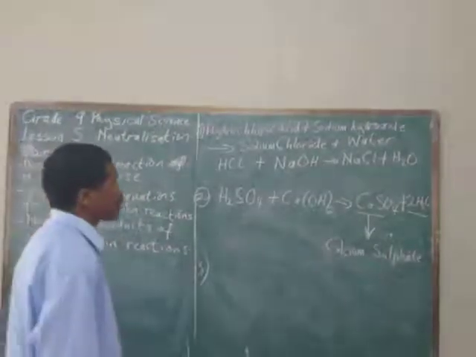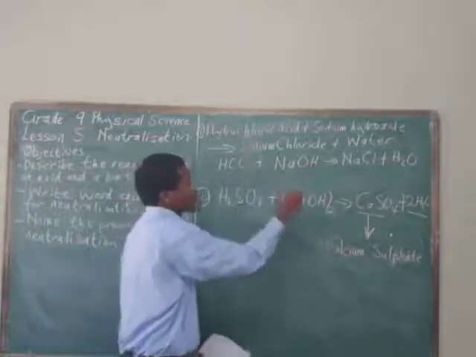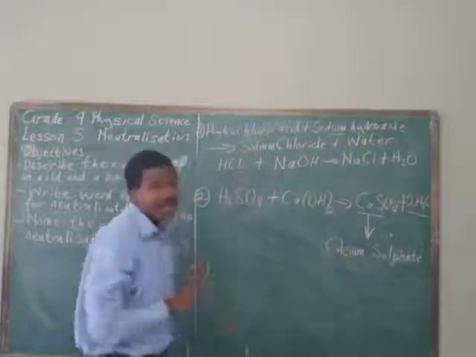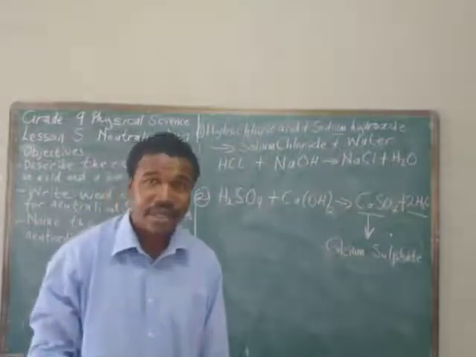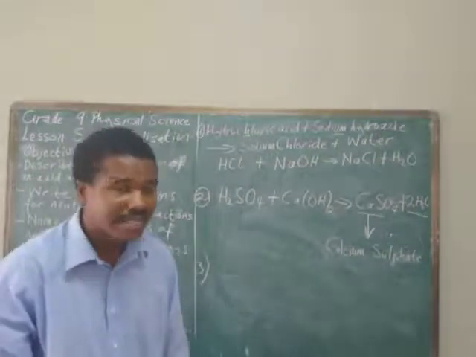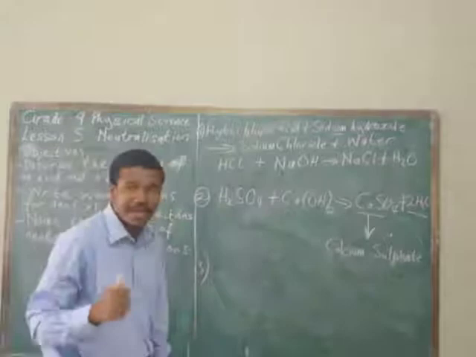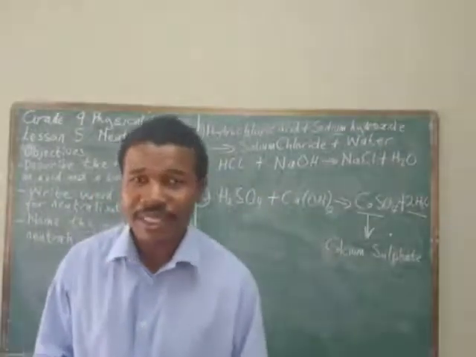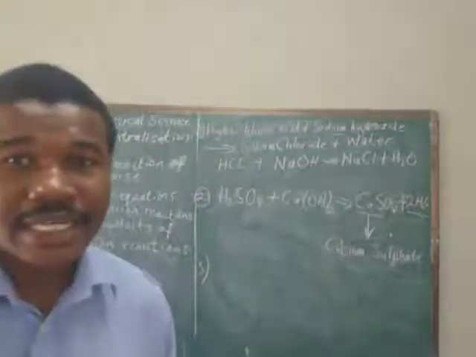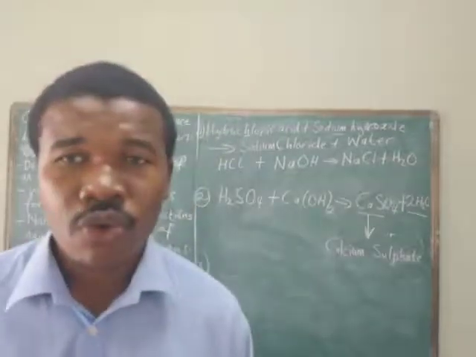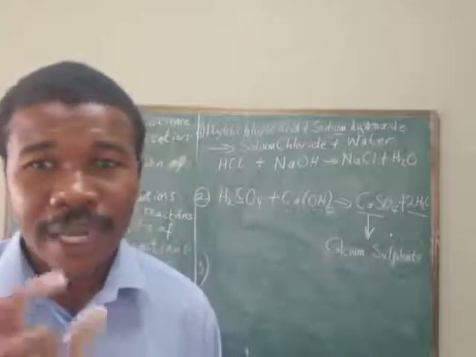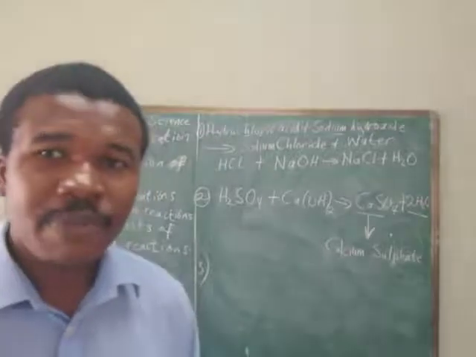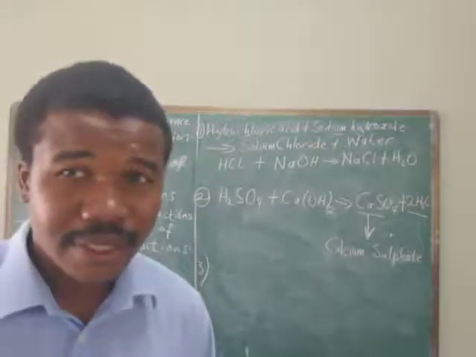We have a neutralization reaction where we have an acid, this one, reacting with a base. HCl is an acid. Like I was saying, if you have been there in the previous 2 lessons, you know that HCl is an example of a strong acid, and NaOH, sodium hydroxide, is an example of a strong base. So when HCl reacts with sodium hydroxide, they produce a salt plus water.